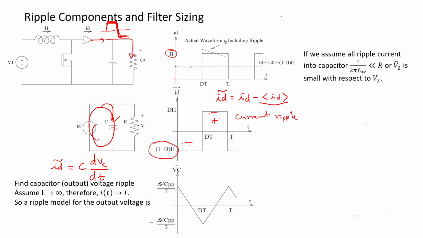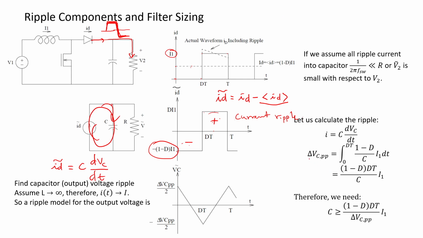To be precise, that is delta VC, because we already have the average VC being the same as the output V2. If we consider the ripple, it means we subtract the average value from the actual. So that's why we write it as delta VC.